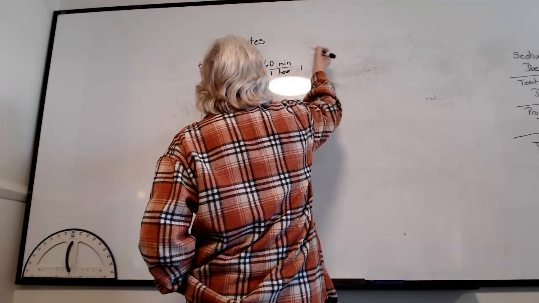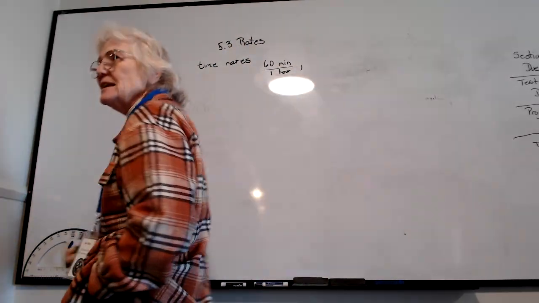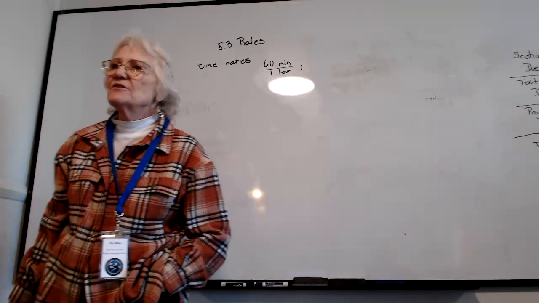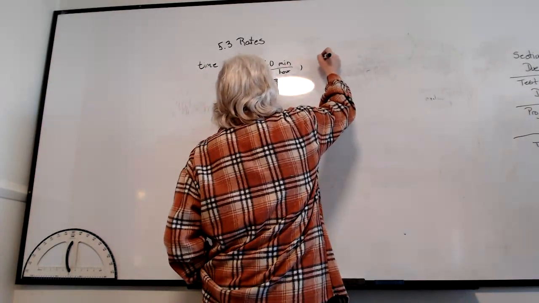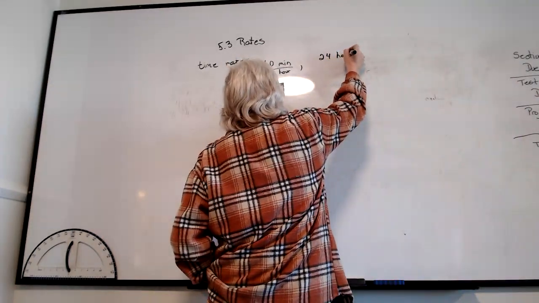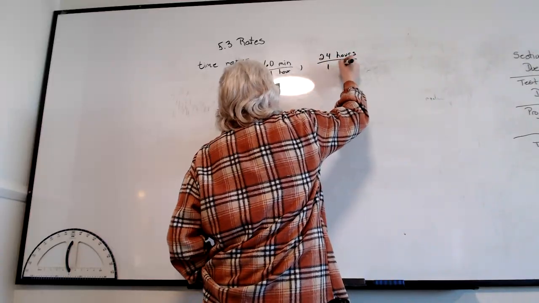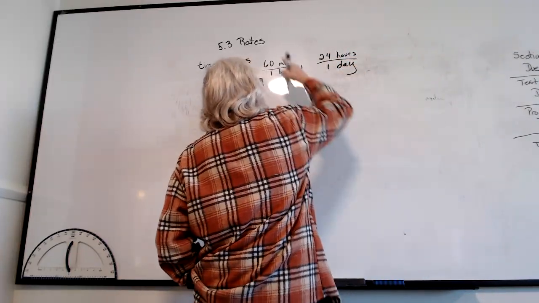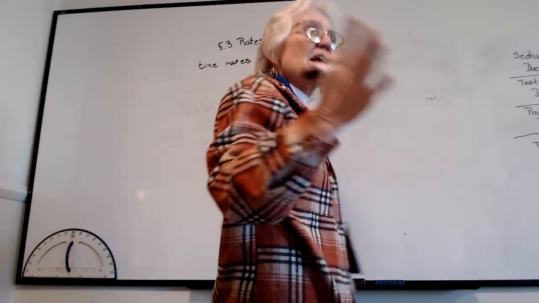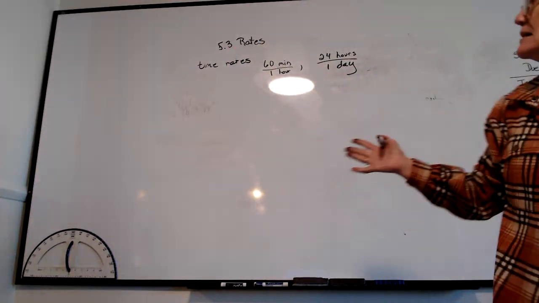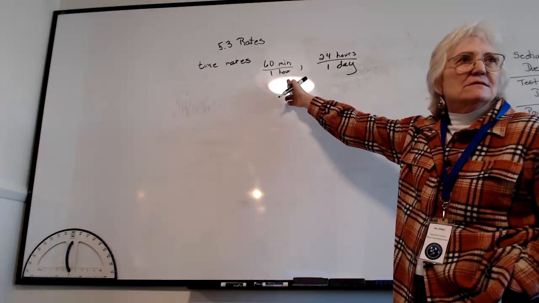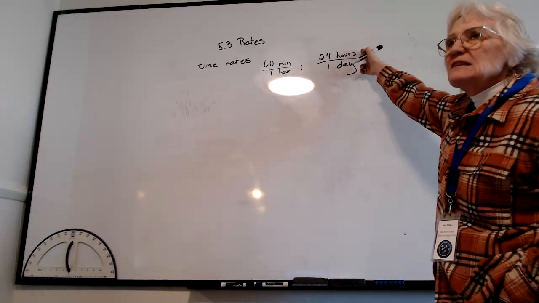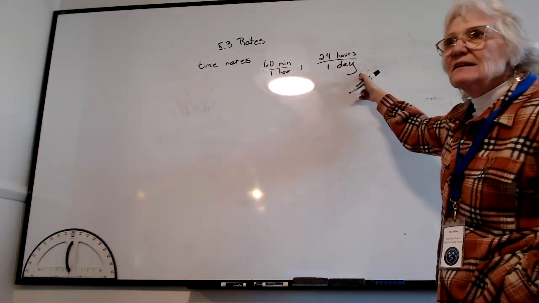What's another one that we have for rate, for time? Anything else? Matthew. A day. Okay. 24 hours in a day. Okay, 24 hours in 1 day. Okay, these are actually the same thing, right? 60 minutes is the same as 1 hour. 24 hours is the same as 1 day.